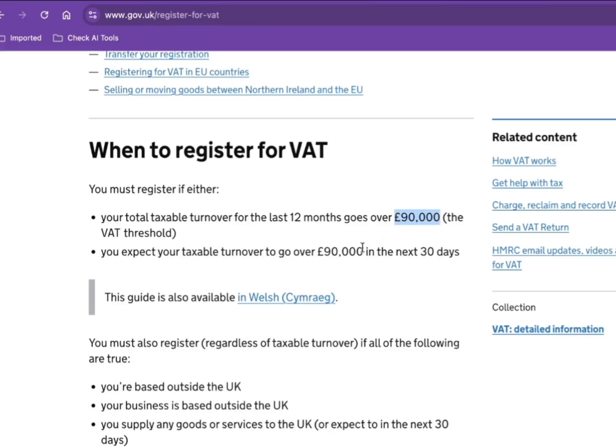So you do not need to register for VAT. You're only going to need to register for VAT when your sales are going to go over £90,000 in a 12-month period. Getting a registration for VAT is going to be the legal requirement at the end of the day.